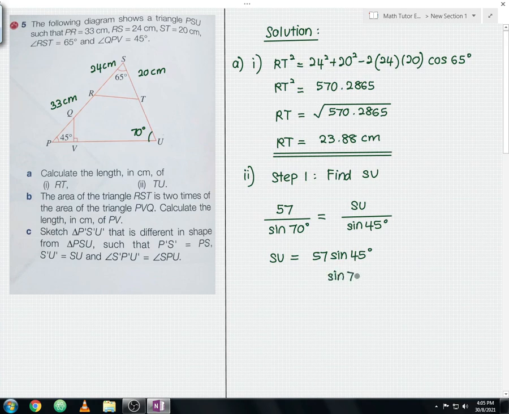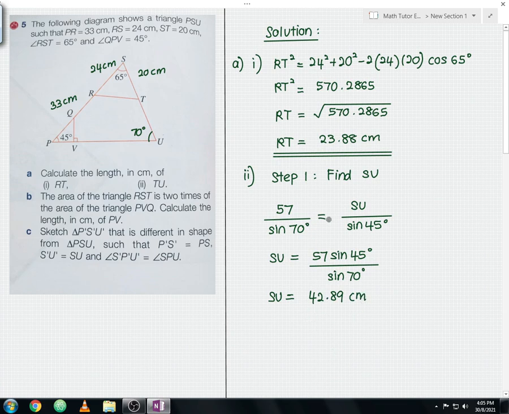Let me underline this. So you calculate this, and from here you get your length SU is equals to 42.89 centimeter. Okay, so this is your step 1.